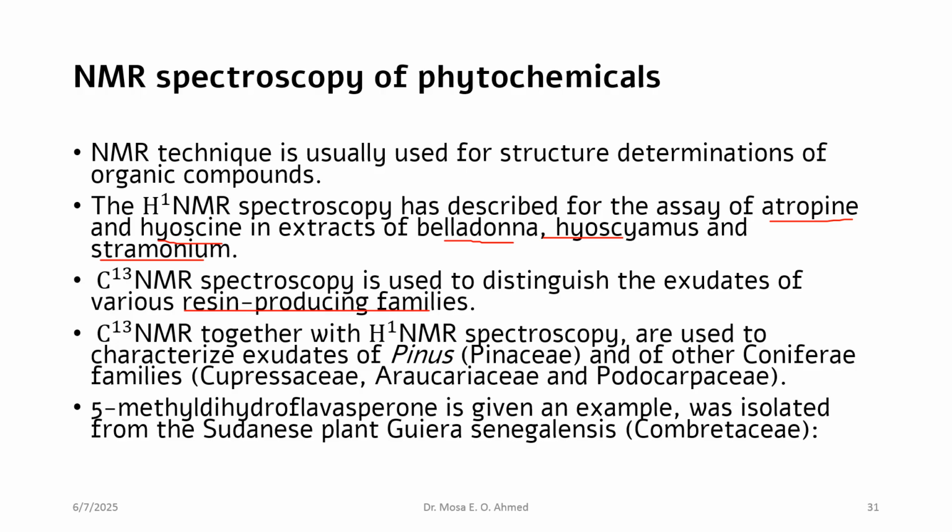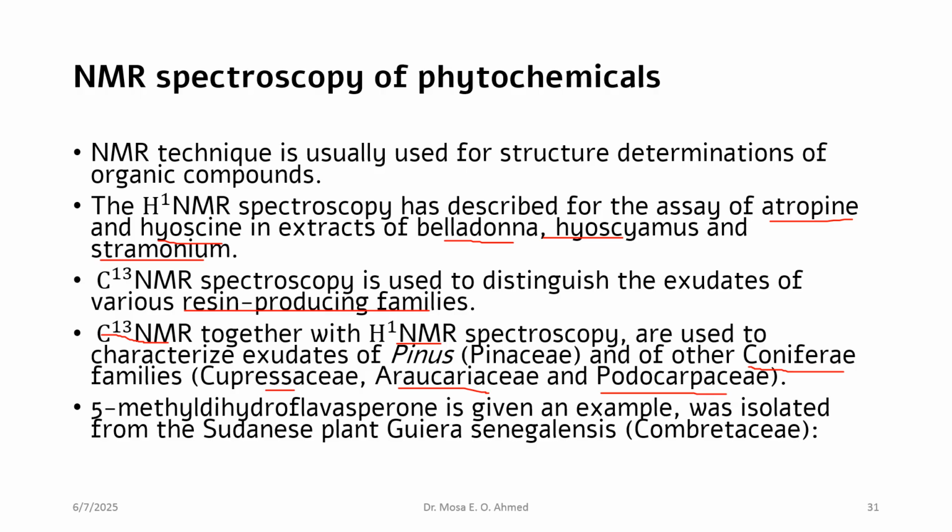Also, carbon 13 NMR with proton NMR are used to characterize exudate from genus plants belonging to family Pinaceae, and also for other coniferous families, including Cupressaceae, Araucariaceae, or Podocarpaceae. All these producing terpenoidal compounds can be identified by using IR, NMR, carbon 13, and proton.